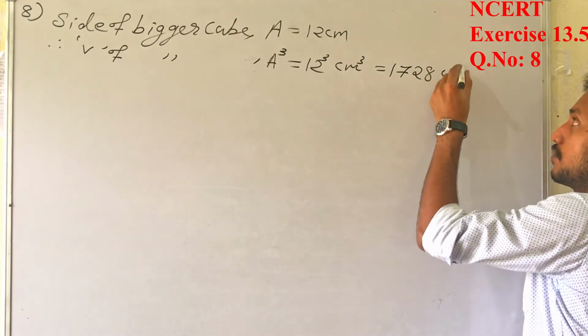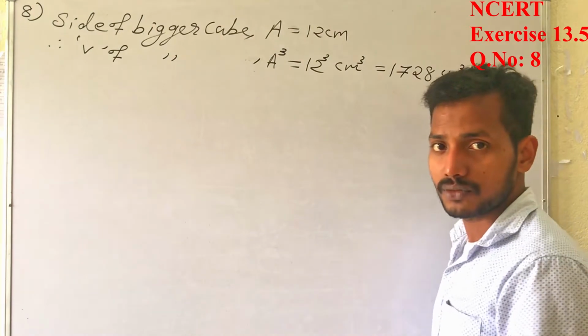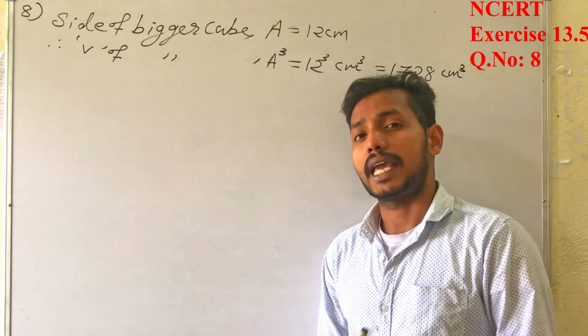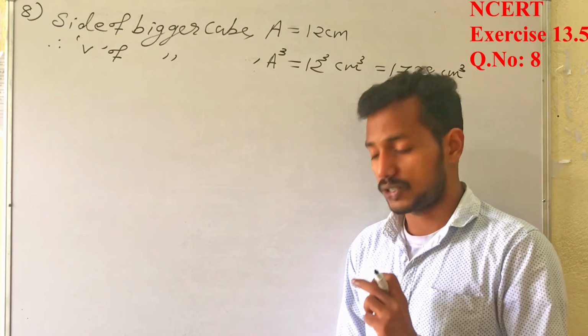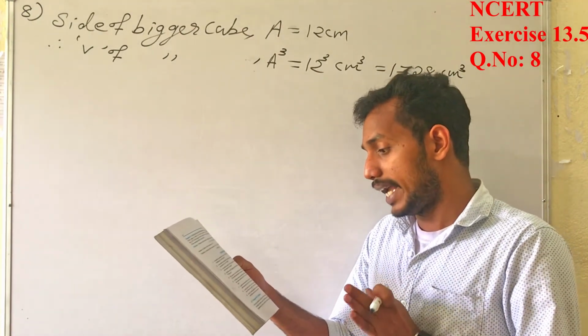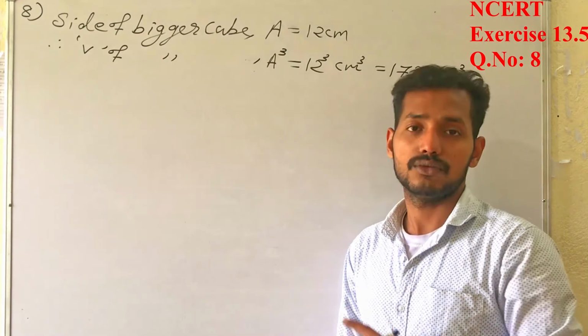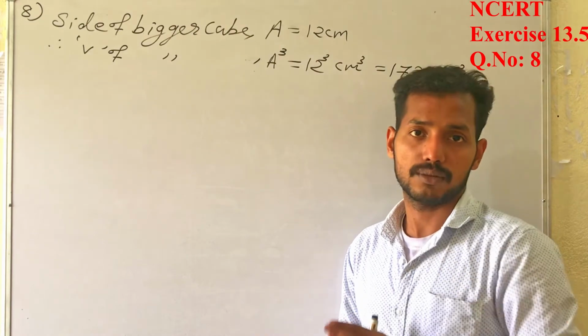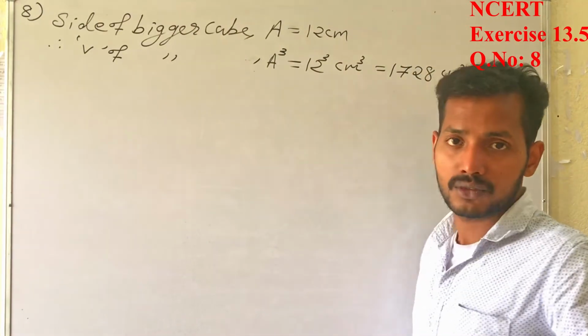Centimeter cube. We found it. Why do we find the volume of the bigger cube? Because in the question it is mentioned that the entire cube is cut into 8 cubes of equal volume. The volume is the quantity which connects the two cubes according to the question. So we need to find the volume.